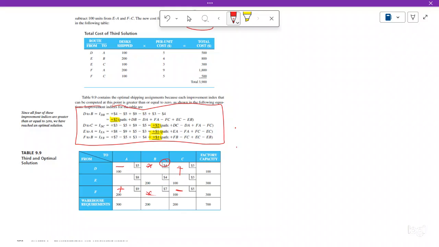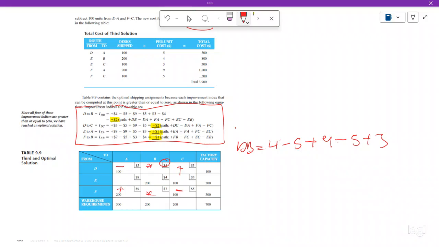So now for B, DB is equal to 4 minus 5 plus 9 minus 5 plus 3. Then the value becomes 6.